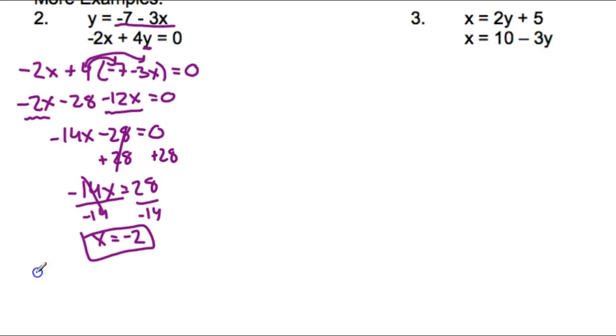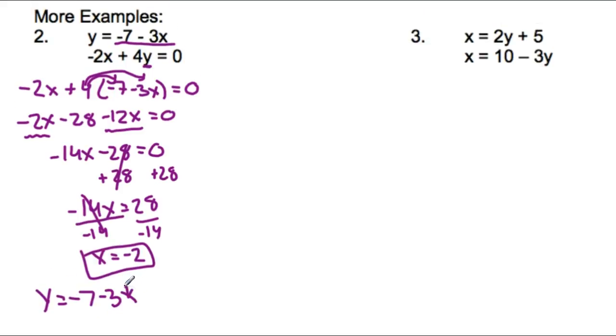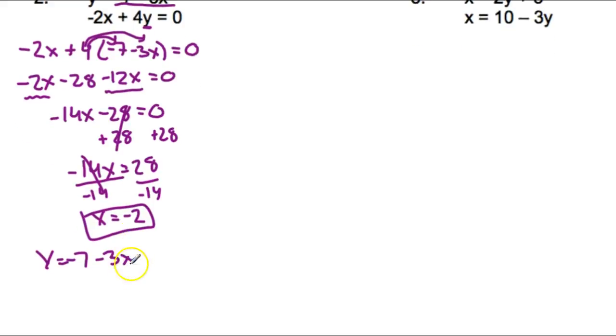So the first equation was y equals negative 7 minus 3x. So instead of x, I'm going to use negative 2. So y equals negative 7 minus 3 times negative 2.